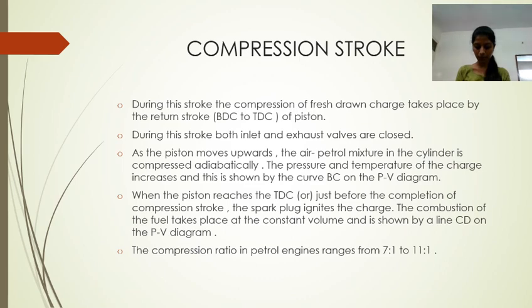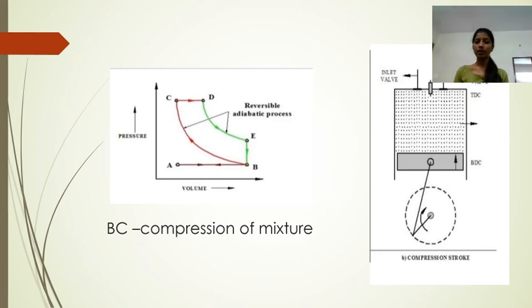Here we can see the diagram of the compression stroke and how it works. In a diesel engine, fuel is ignited by heat generated during the compression of air in the combustion chamber, into which fuel is then injected. Hence, diesel engines are called compression ignition engines.